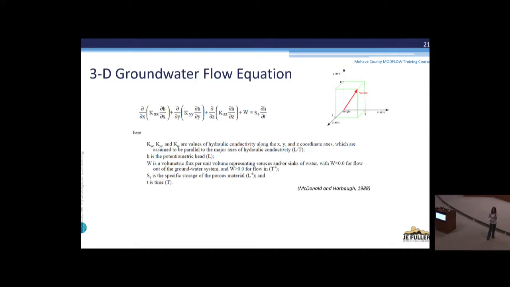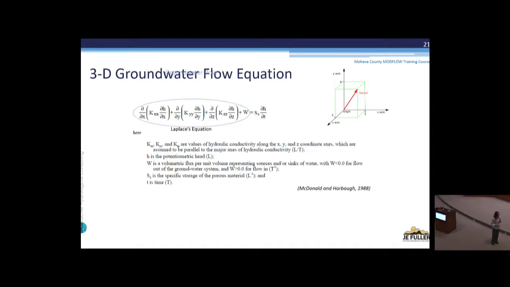But many things can change that, and not all groundwater flows horizontally. So if you want to accommodate all different areas of the aquifer, you have to model 3D flow with this equation. This may look familiar if you've studied heat transfer or electrical engineering, Laplace's equation.